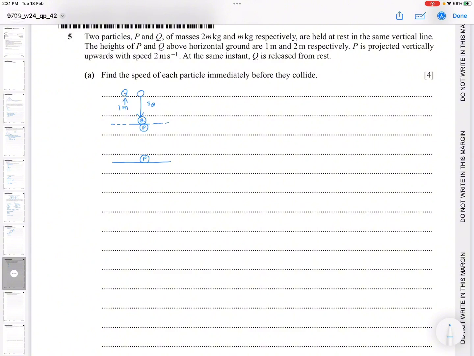Actually this is our 1 meter, and from the ground the distance is also 1 meter. The total is 2 meters.